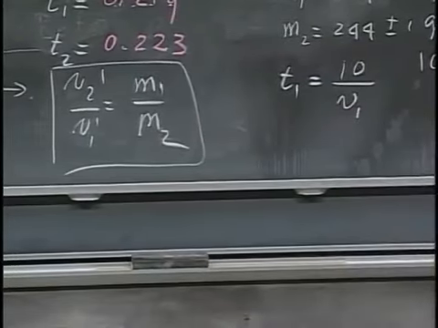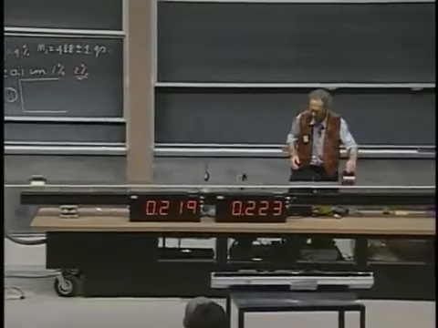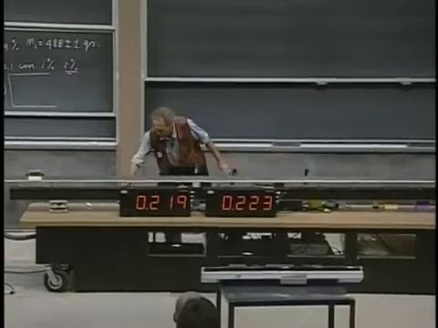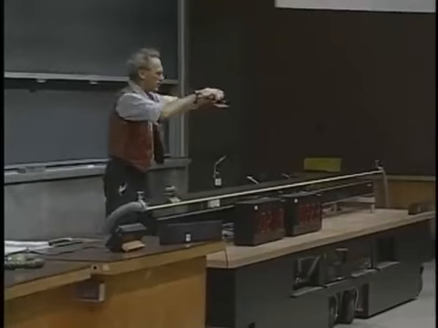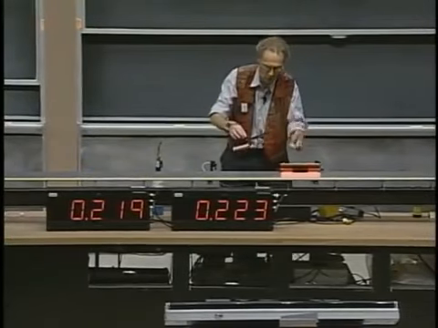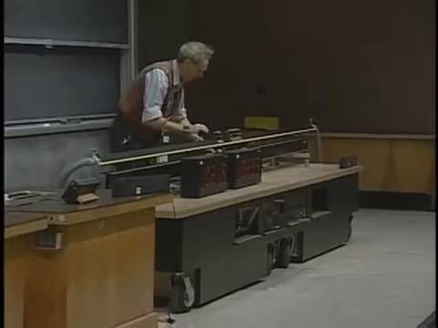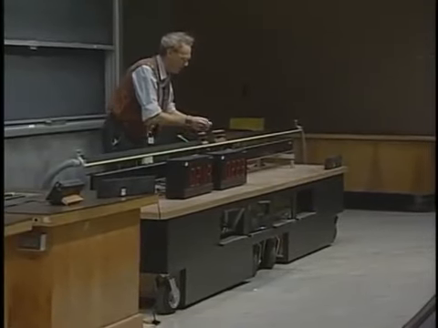And so we're going to redo this experiment now with a car here which is twice the mass, and this one is one's mass. So this is the 244, and the one on your right is the 488. So I have to bring them together again with a string.